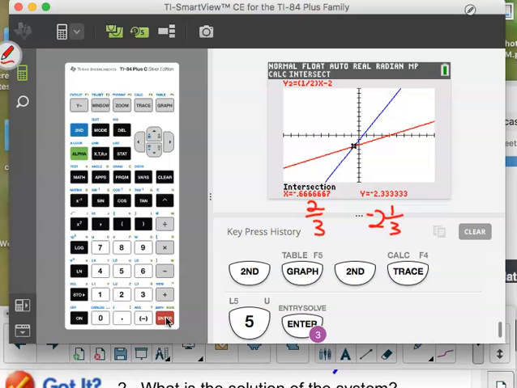But if we change that to an improper fraction, we would take 3 times 2, which is 6, plus 1, so this is multiplication and this is addition, and get negative 7/3, which of course is negative 2 1/3. So our correct and perfect solution would be 2/3, negative 7/3 for our ordered pair.